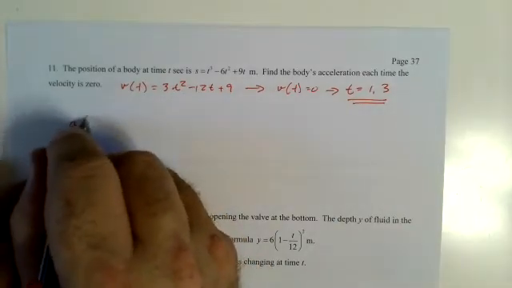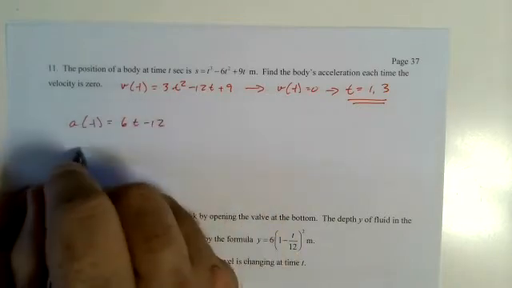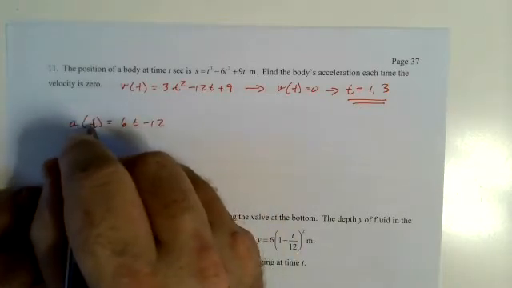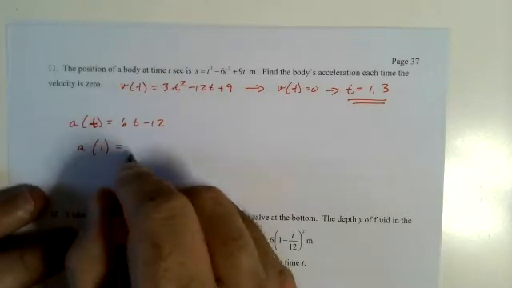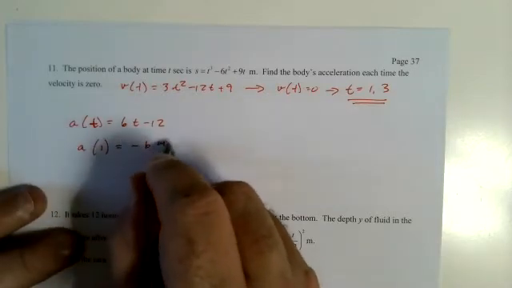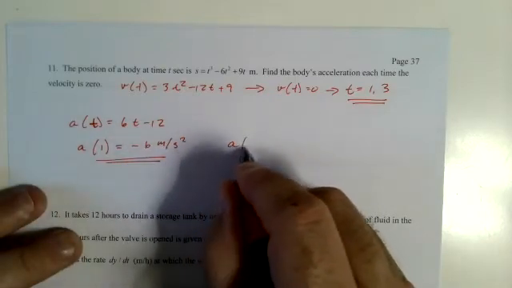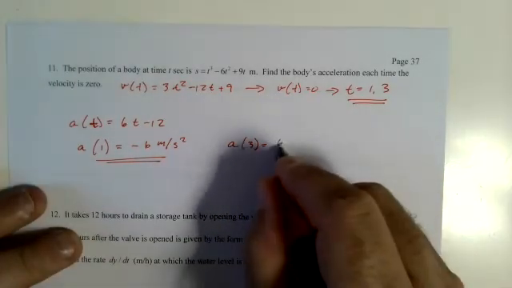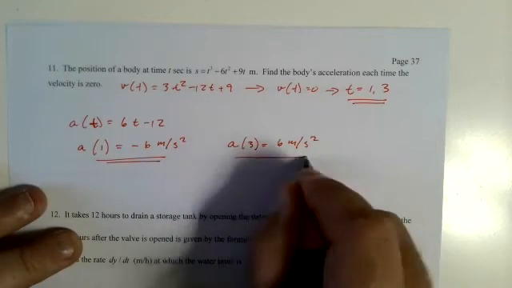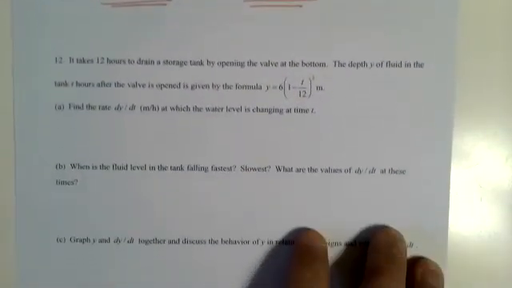A of t equals 6t minus 12. A of 1 equals negative 6 meters per second squared. A of 3 equals 6 meters per second squared. I'm going fairly quickly because there is so much here.